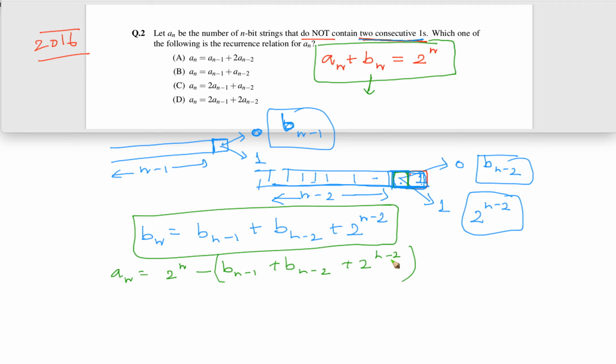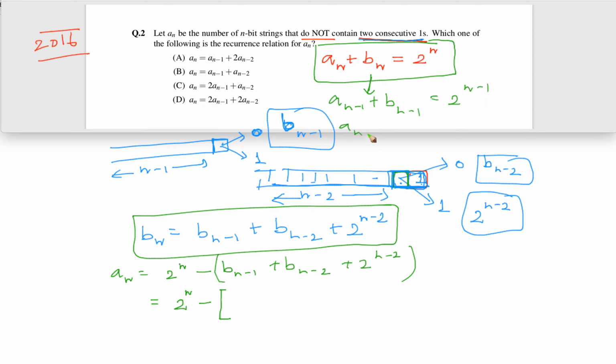Okay, so this is going to be 2 to the n minus b n, in terms of a n. How can I express it? I can write similarly a n minus 1 plus b n minus 1 as 2 raised to the power n minus 1.